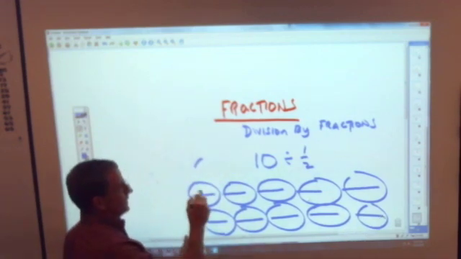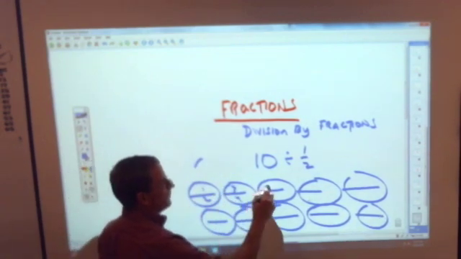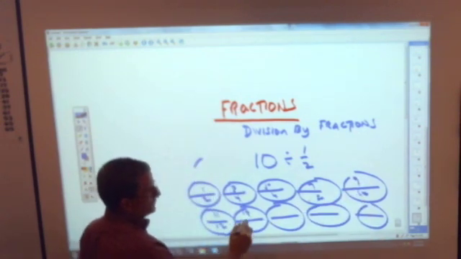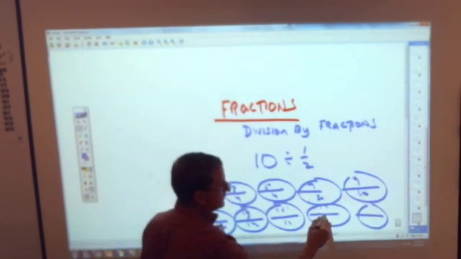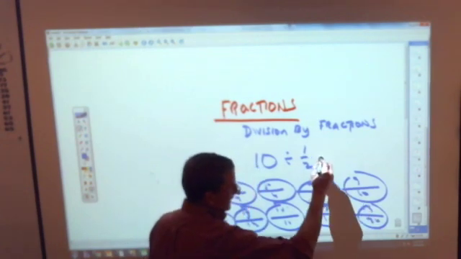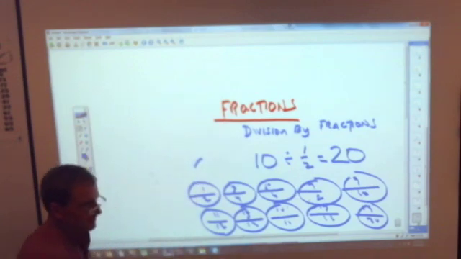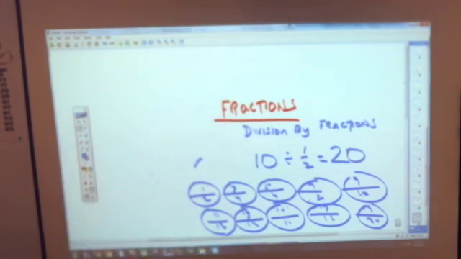And how many halves do I have? 1, 2, 3, 4, 5, 6, 7, 8, 9, 10, 11, 12, 13, 14, 15, 16, 17, 18, 19. How many halves are in 10? There are 20 halves.